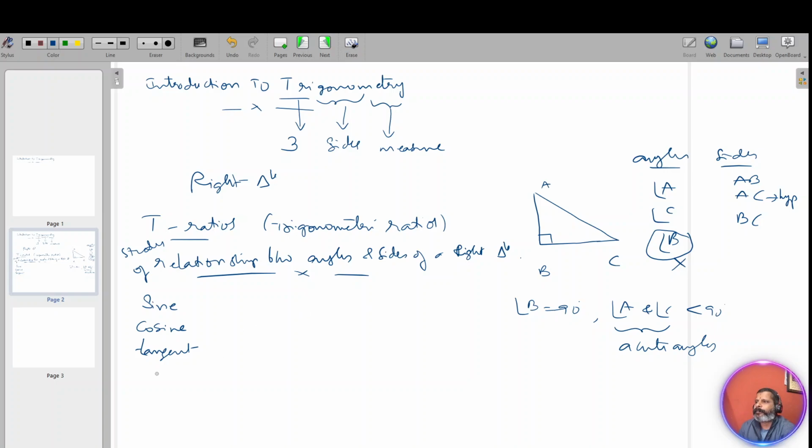That is cosecant, secant, and cotangent. These are the ratios.